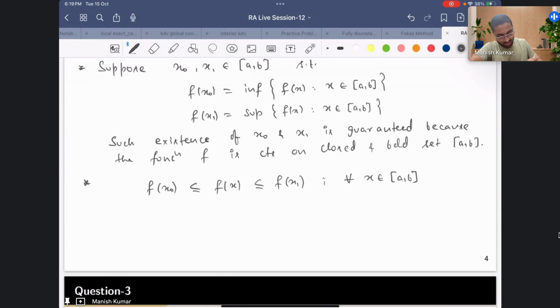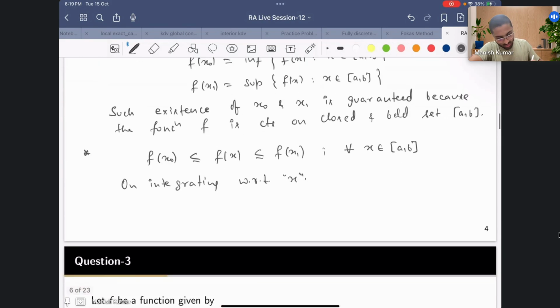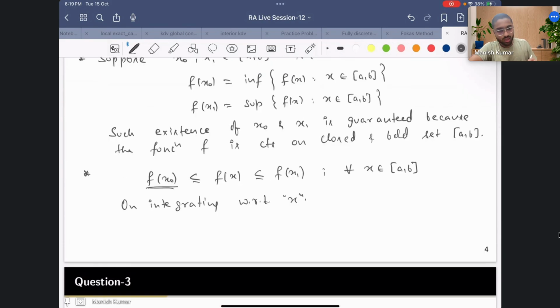So now I'll just integrate with respect to x. Once you integrate it, you see this is a constant value, so when you integrate it over the interval [a, b], that would be nothing but this value times (b minus a).